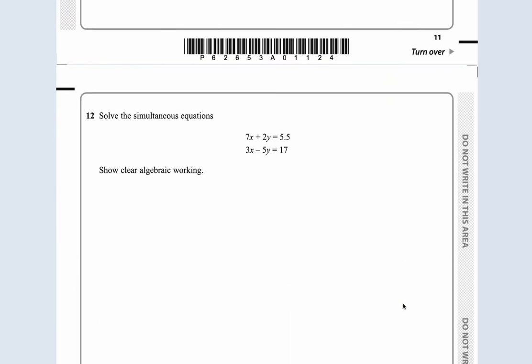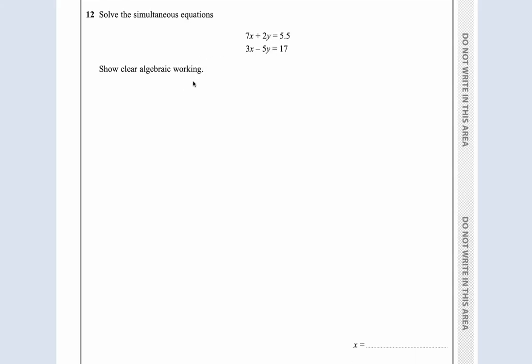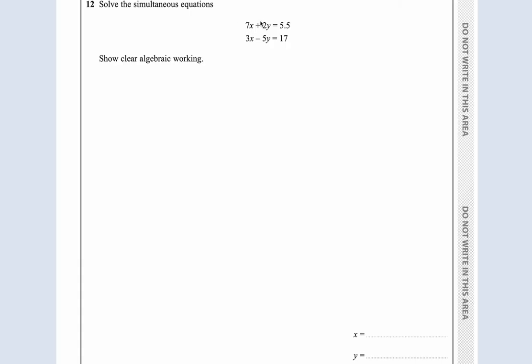Okay, question 12. Simultaneous equations, you have to show your working, guys, so you can't just use your calculator, although your calculator will let you know if you're right. So what do I do? Well, I need to make the x's the same or the y's the same.